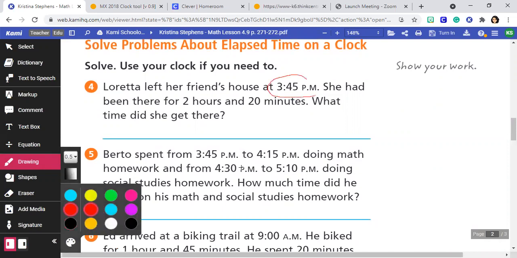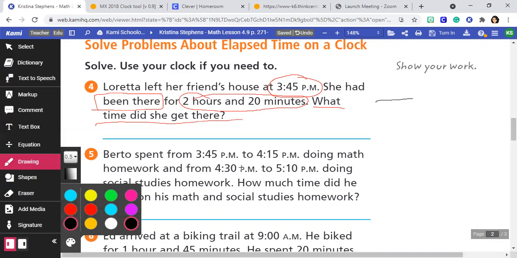So we know that her start time is 3:45 p.m. Oh, no, that's the end time, because then it says she had been there, and I'm boxing that because that's a key word, for 2 hours and 20 minutes. What time did she get there? All right, so we're going backwards. We are starting at 3:45.